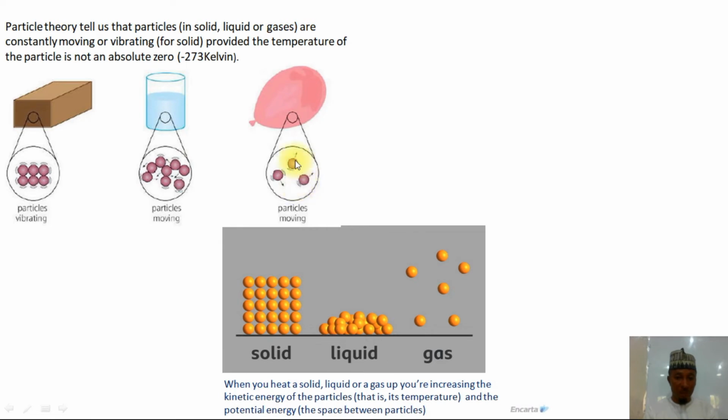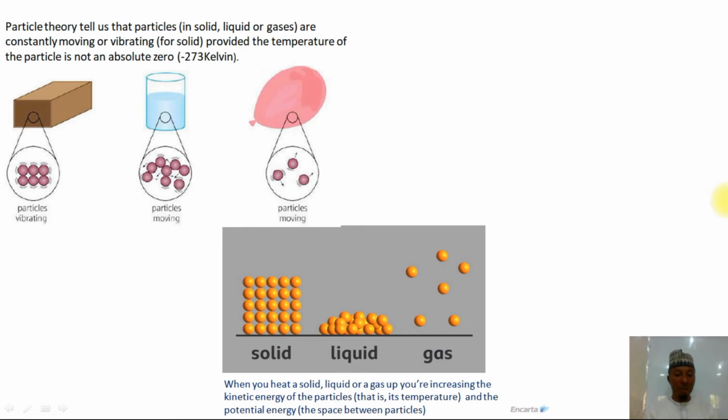And then in a gas, the particles move randomly and, in the process, may collide with each other. This goes a long way to tell us that nothing stays stationary, except at this temperature, absolute zero, which is negative 273 degrees Celsius.